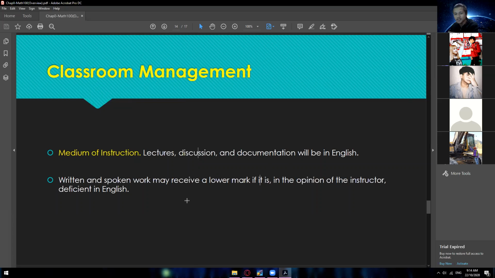Hindi naman ako nagche-check ng grammar. As long as nakuha ko yung thought or yung sense, bibigyan ko ng score. Pero kapag di ko maintindihan, in my opinion, magkakaroon ka ng lower score or you may get zero.